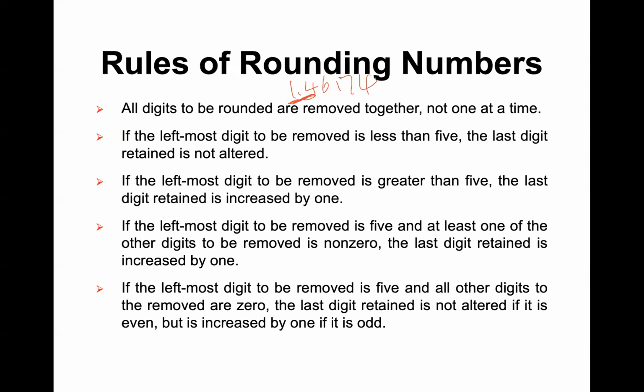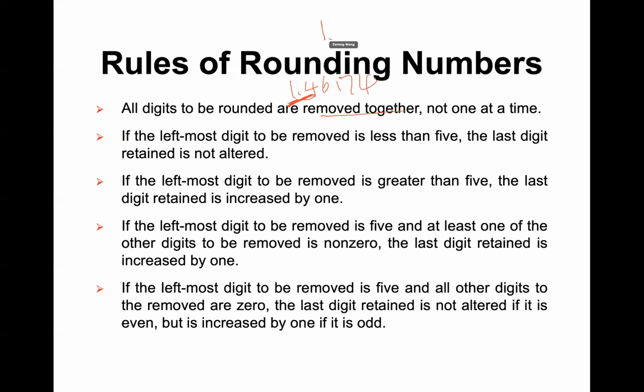In this example, let's say we keep the first one. We said that all the numbers here will be rounded and removed together. If we keep the first one, after rounding, we just write 1, right? The others drop, just 1.